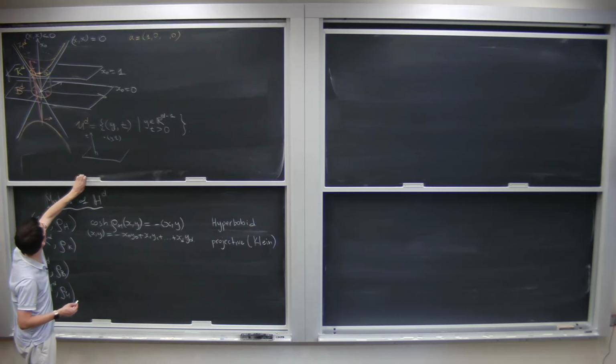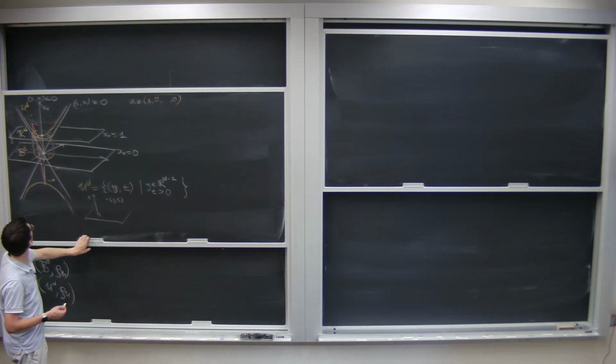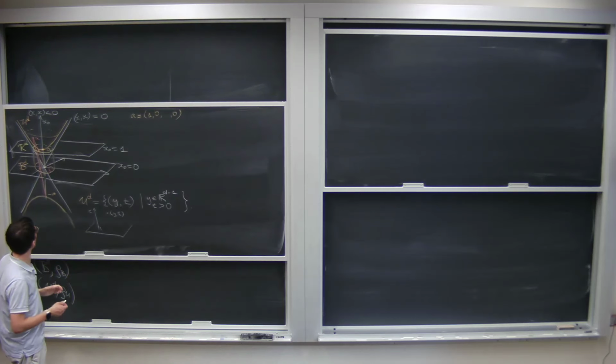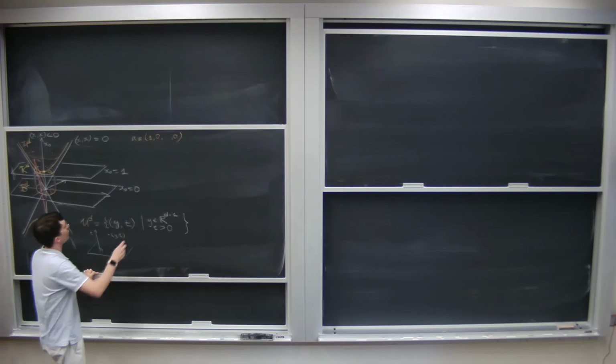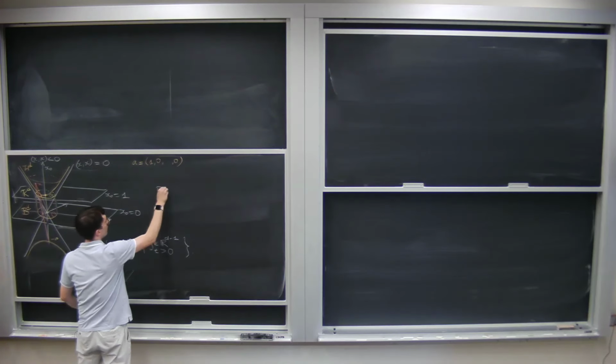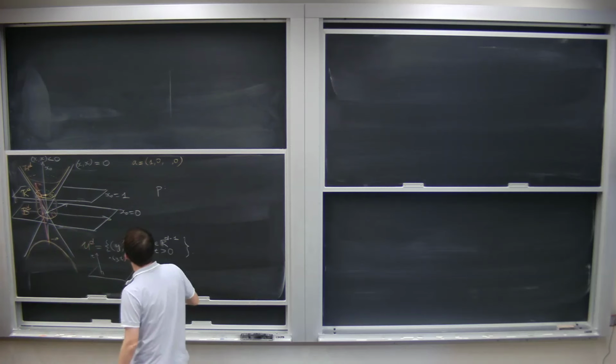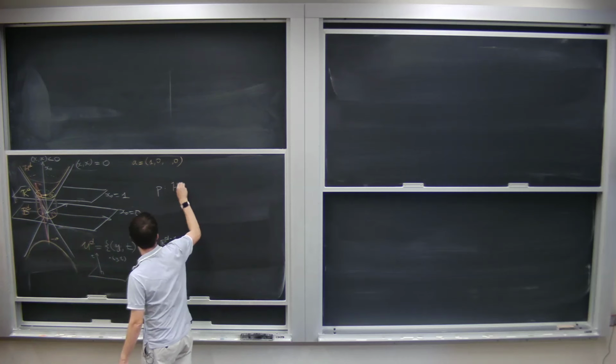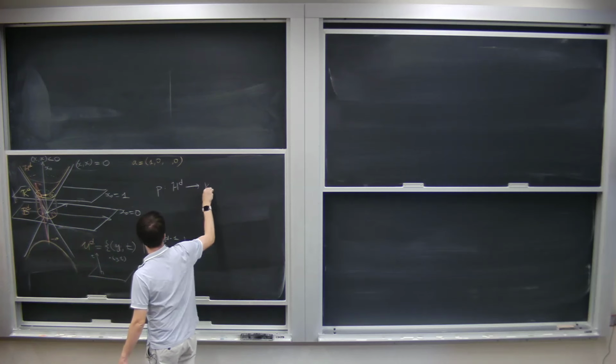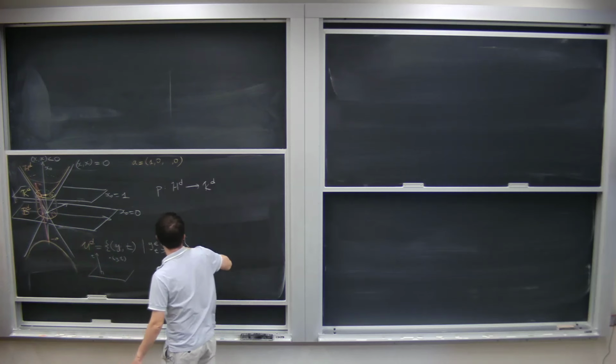So the coordinates, so probably let me define the projection. Let me denote the projection. So P is the projection from HD to KD, right?